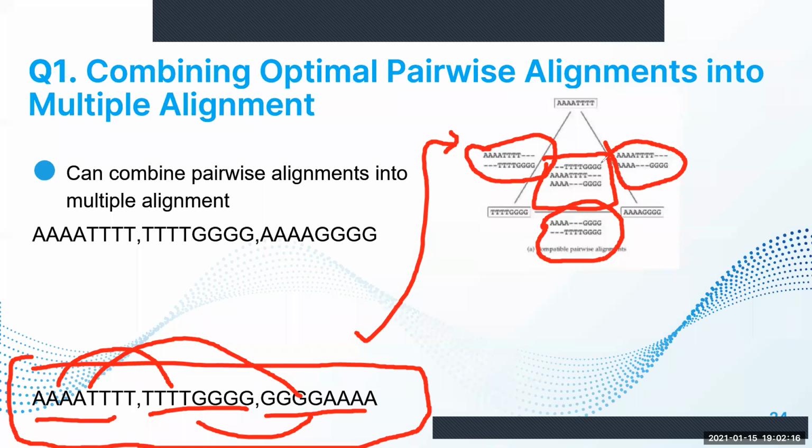This thing is aligned with this one, and all these alignments are consistent. Then suppose this thing is aligned with this one, we can simply write this one also here.